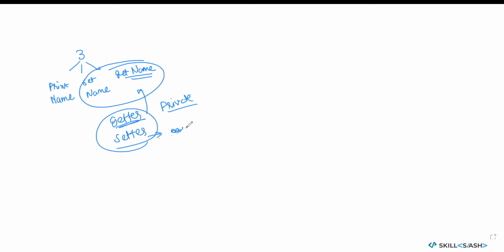So now if I create a simple class something like this, public class student, in a simplistic example, let's say private string, the student's name, just a name, and a getter method, I'm creating something like this, get the name.